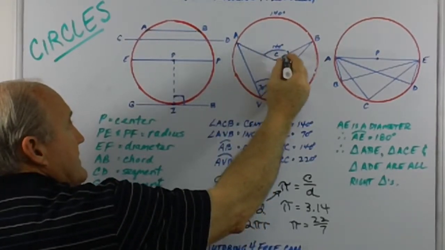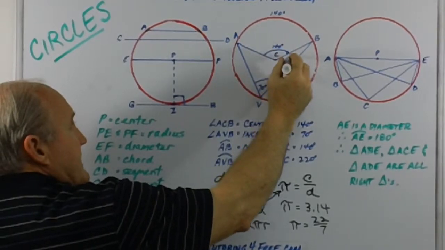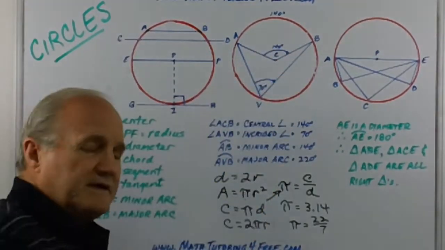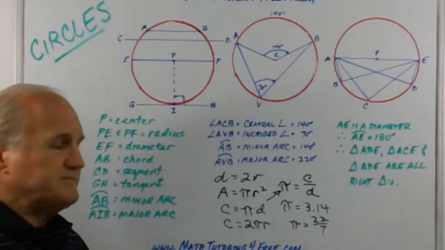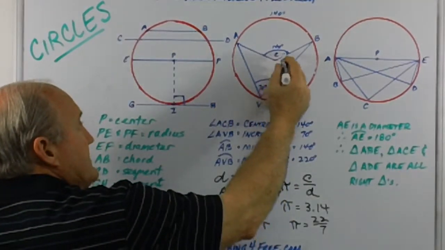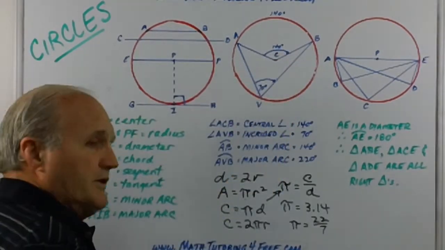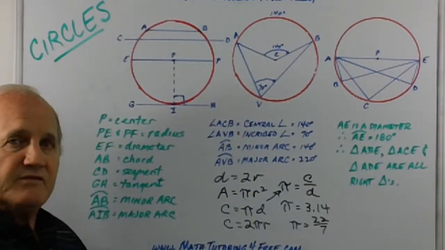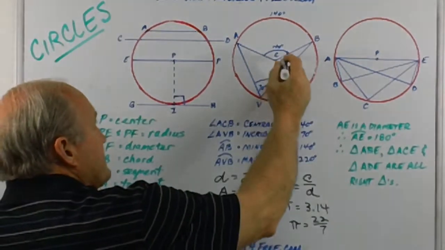For the central angle, you measure that angle, and first of all, I neglected to mention the total circle is 360 degrees. If you put your protractor on angle C here, in this case it measures 140 degrees. So the central angle is its full measurement.